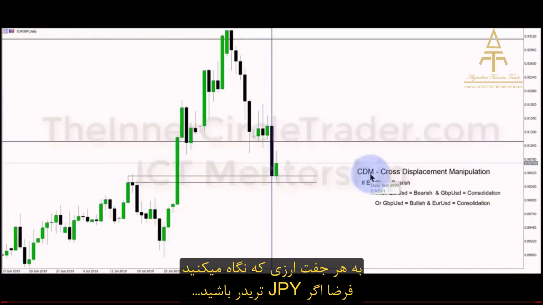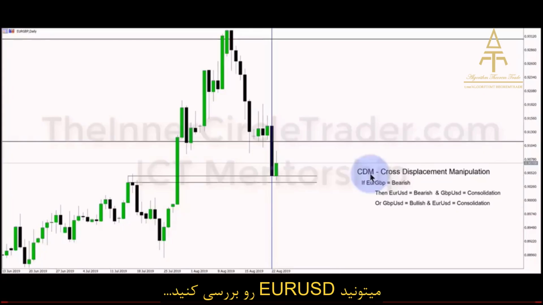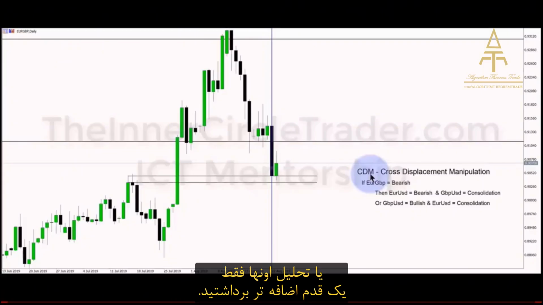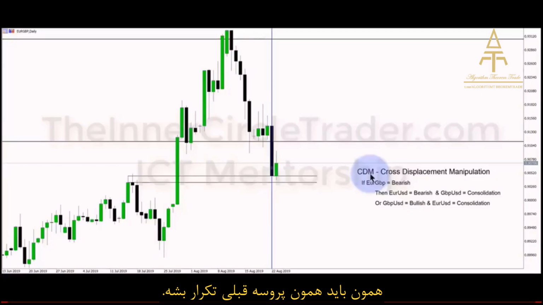Whatever pair you look at, for instance, if you are a yen trader, you could look at euro dollar, euro yen, pound dollar, pound yen. Look at those, and you're going to have one more extra step with that, but it's the same process of using these types of filtering.